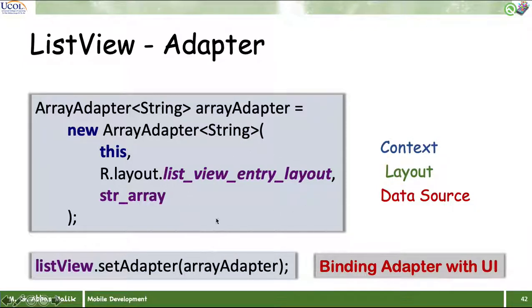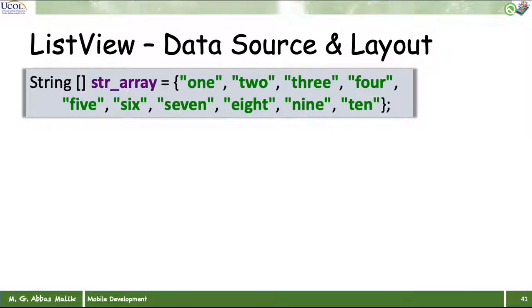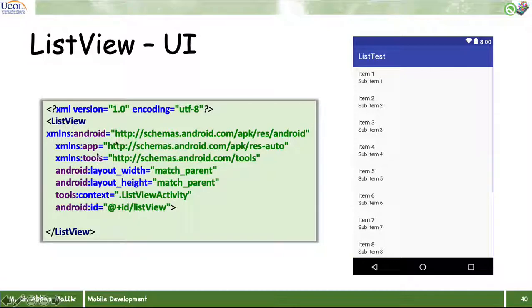Then the next step is, of course, since we have a list view, we have to initialize that list view using find view by id, using the ID that we have given to that list view in our UI design.